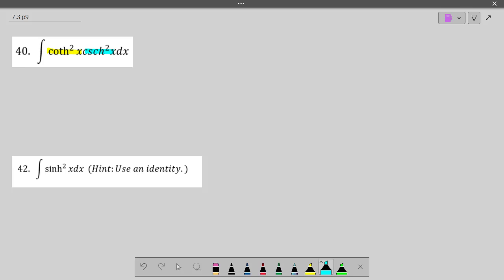That's ideal. And remember, if you do u substitution, you have to turn all the x's into u's. So everything has to be turned into u's. So you will find that one substitution works way better than another candidate.